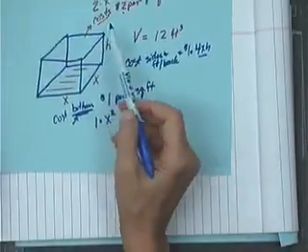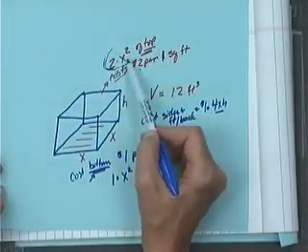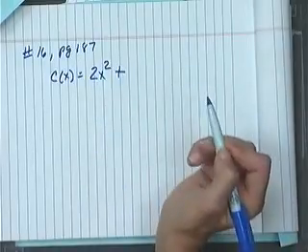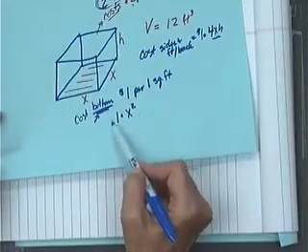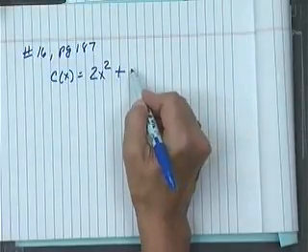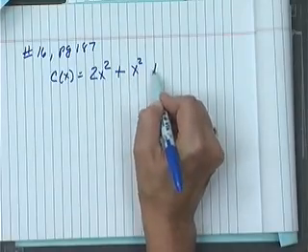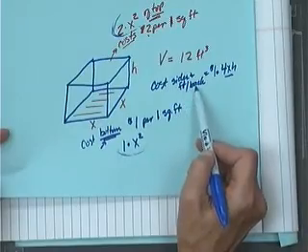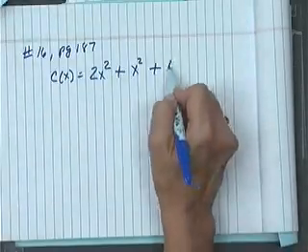The cost of the top, you told me, is 2x squared. The cost of the bottom is 1x squared. I'm just going to write x squared. Everybody okay with that? And the cost of the two sides, the front and back face, is 4xh.